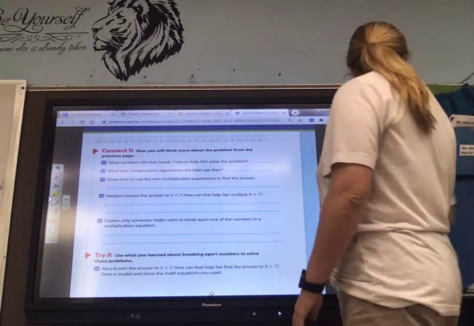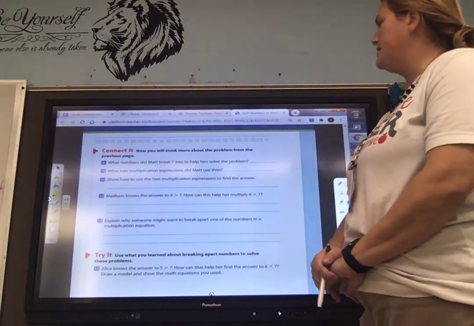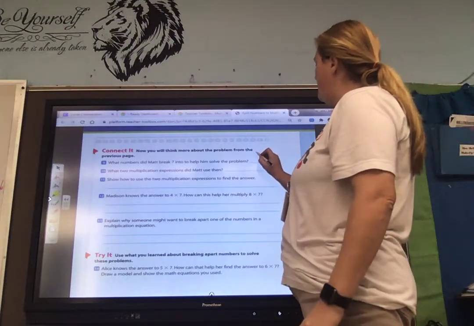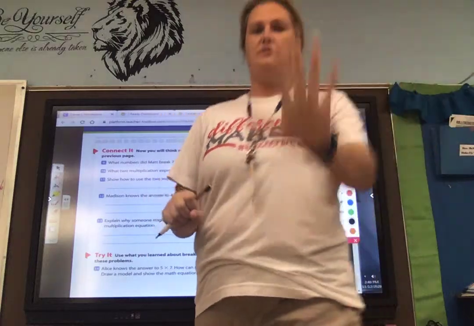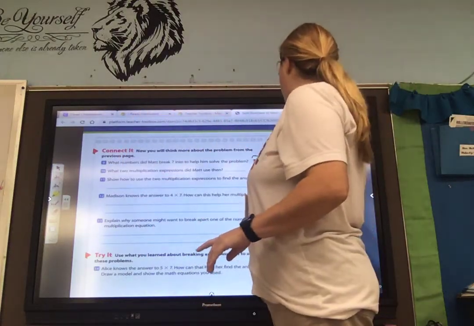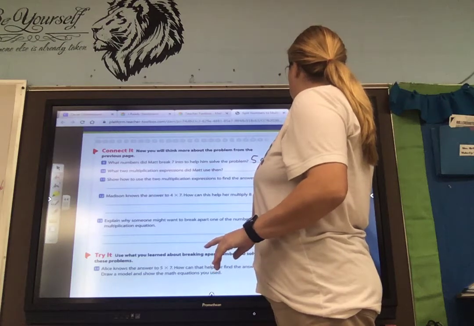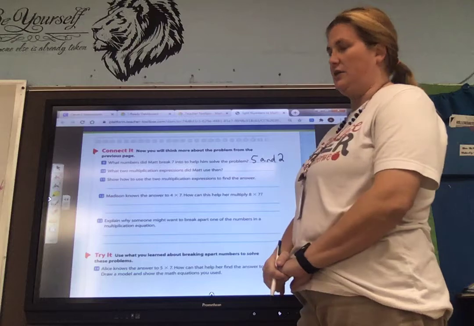This is page 25. What numbers did Matt break 7 into to help him solve the problem? He broke the 7 into what? He broke it into 5 and 2. What 2 multiplication expressions did he use?